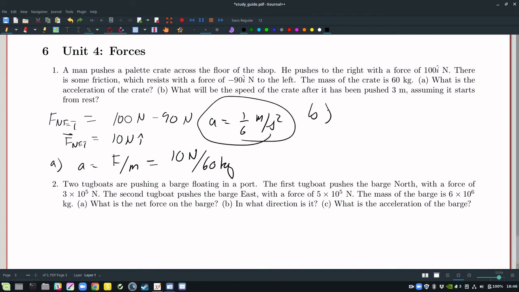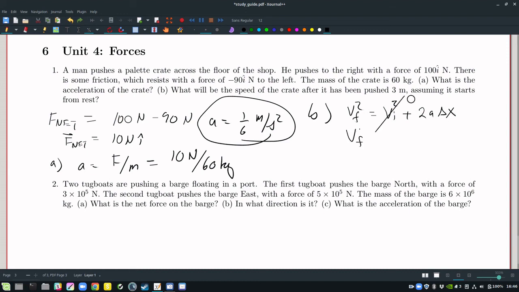And then what will the speed be of the crate after it has been pushed 3 meters, assuming it starts from rest? We're not told about time in that part, so we're looking for v final. We're being asked about speed, and so it's best to just use the version of the kinematic formula without time. It starts from rest means initial velocity equals 0.